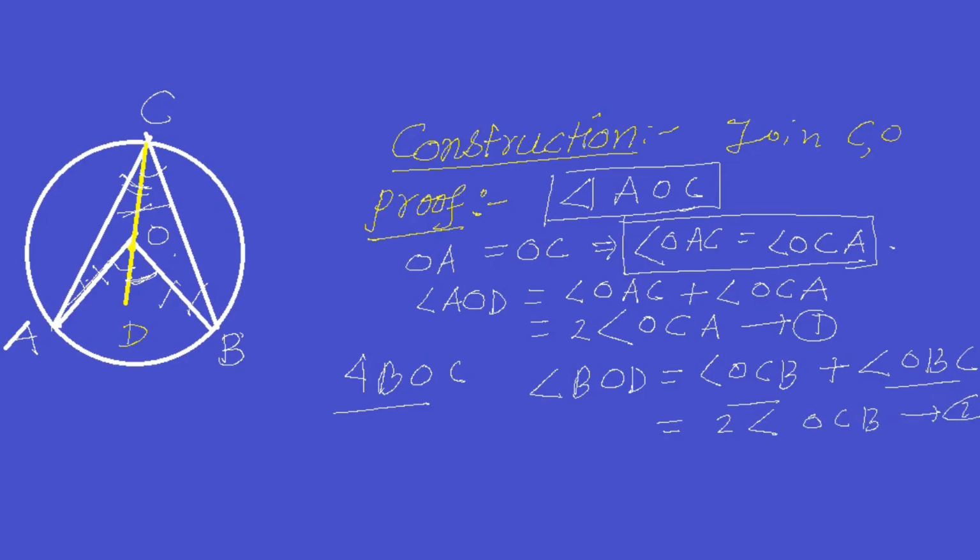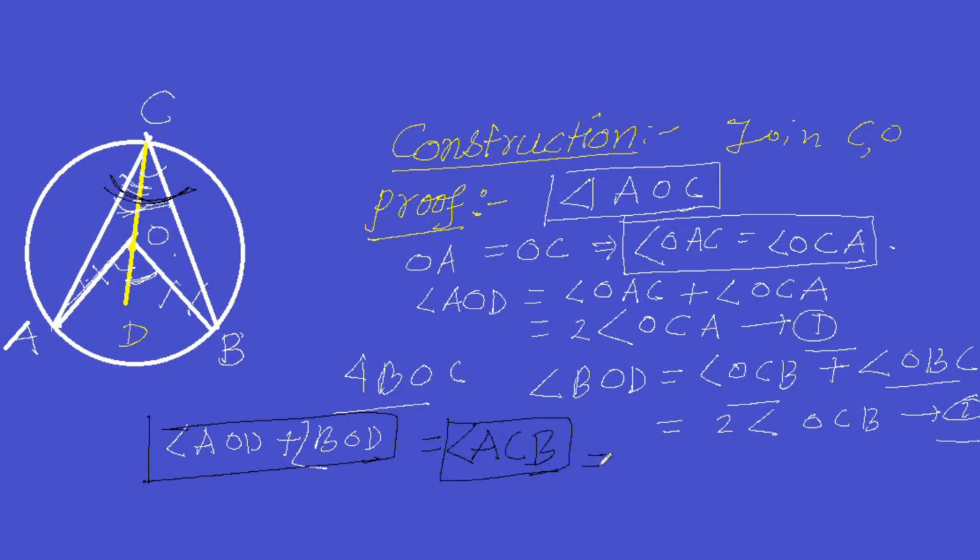If we add equation 1 and equation 2, we get angle AOD plus angle BOD, and their sum is this angle, angle AOB. On the right-hand side, 2 is the common part, and we get angle OCA plus angle OCB.